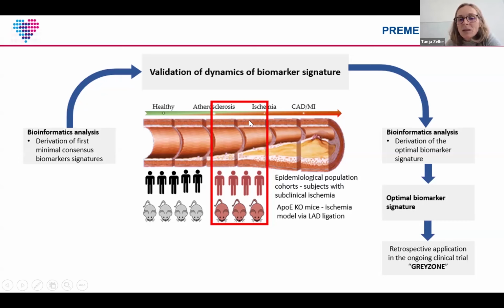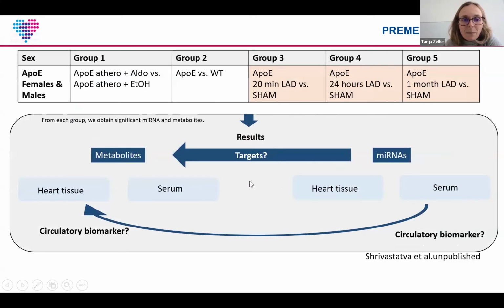These ischemic patients came, on one hand, from cohorts, but we also had a mice model used to measure metabolites and also proteomics. We currently have the data for our mice models, where we had different groups which mimic the state from healthy to ischemic to myocardial infarction to heart failure subjects.